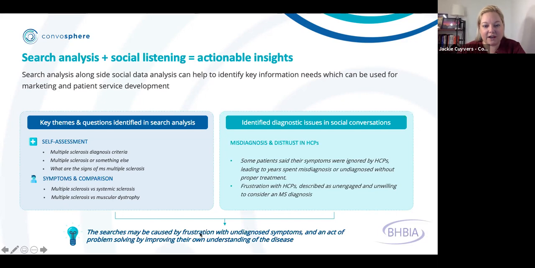And the search can also be driven by people's frustration with undiagnosed symptoms or side effects that they may be having from their treatments, or improving their own understanding.